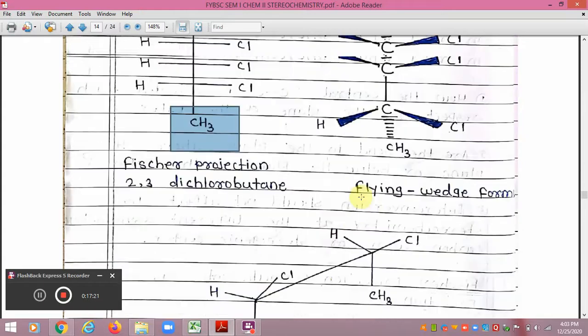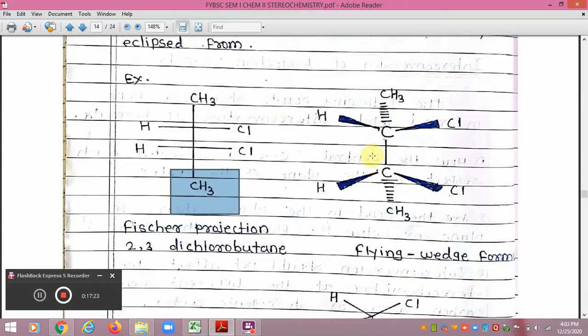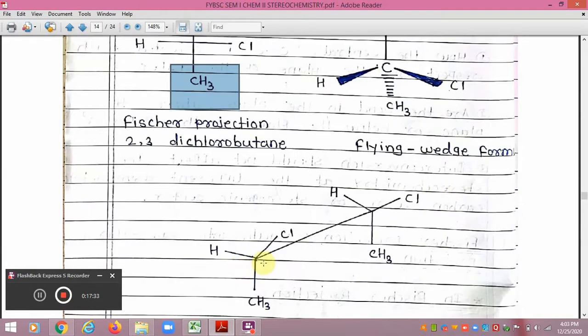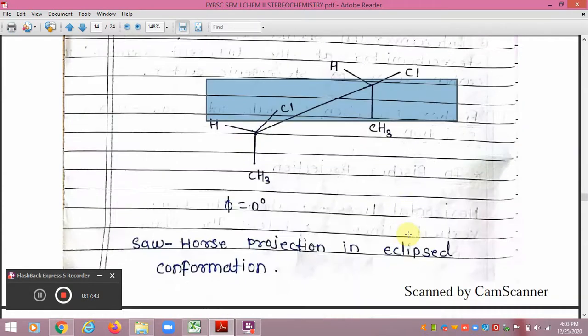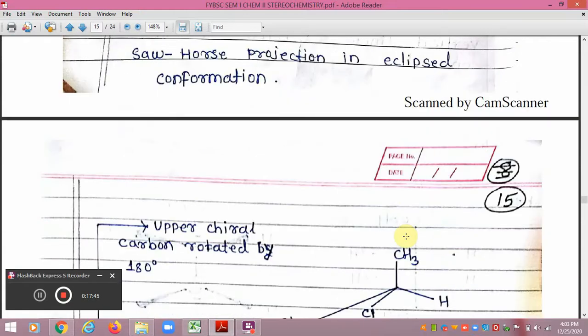So we have to represent this molecule in Sawhorse, in which both CH3 groups should be below the plane, the carbon-carbon bond should be in the plane, and the two hydrogens and two chlorines should be above the plane. This is slanting in the plane, CH3 below the plane, and the hydrogen and chlorine above the plane. So this is the conversion of Fischer projection into Sawhorse projection.